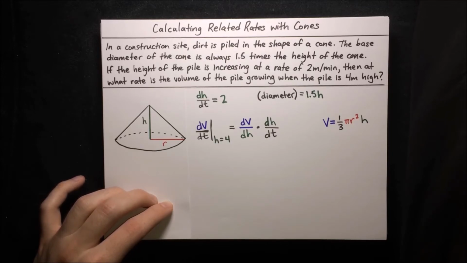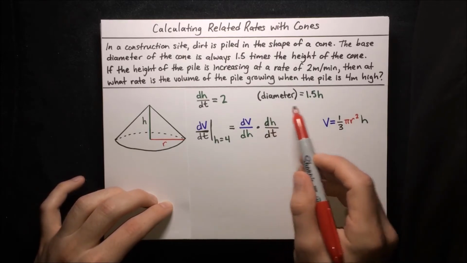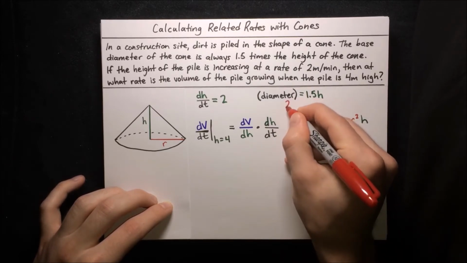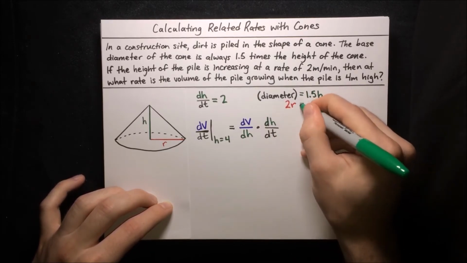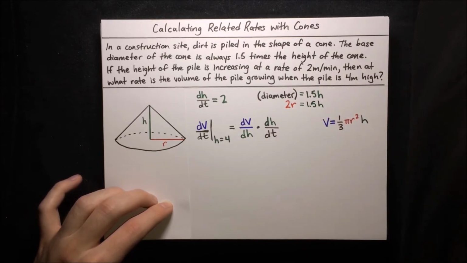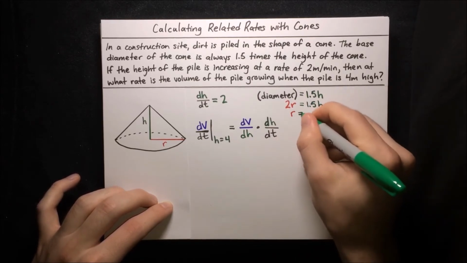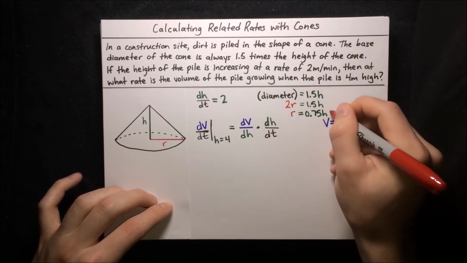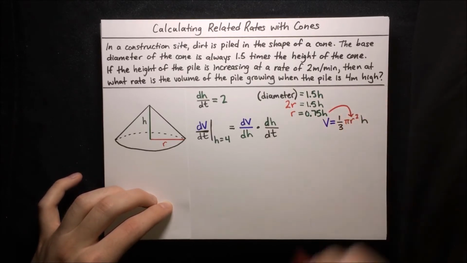Well, why don't we use this relationship between the diameter and h? We know that the diameter is just twice the radius, so we have 2r is equal to 1.5h. So we can solve for r in terms of h, just divide by 2 on both sides, get r equals 0.75h, and then that's what we can plug in for r here.